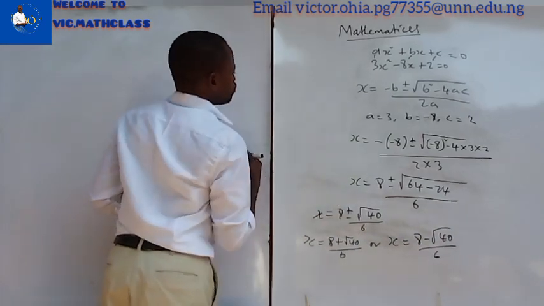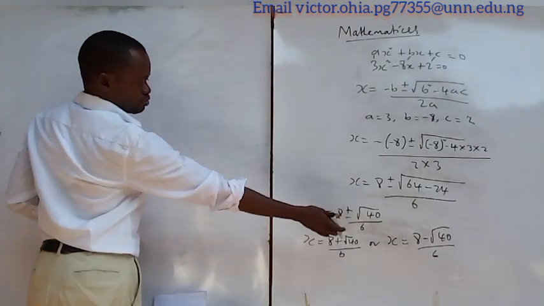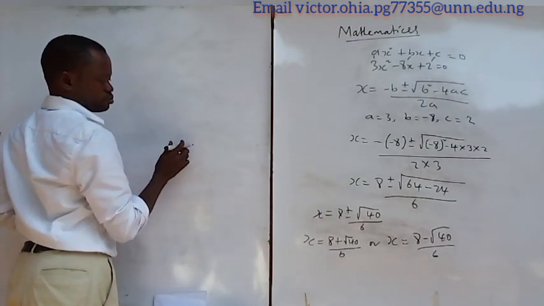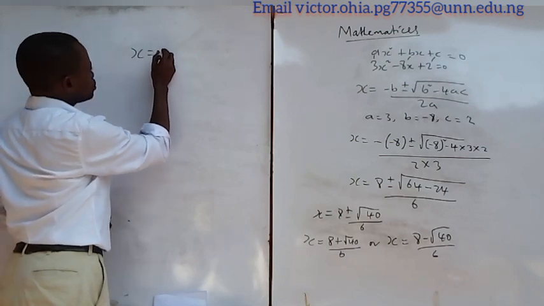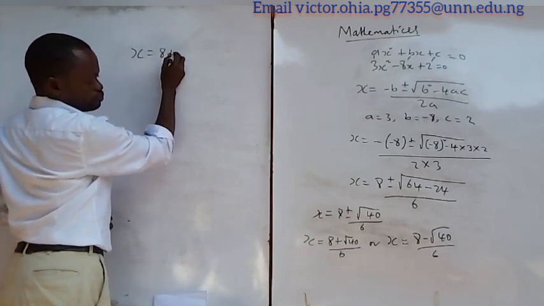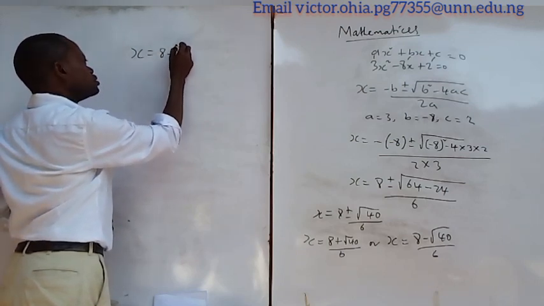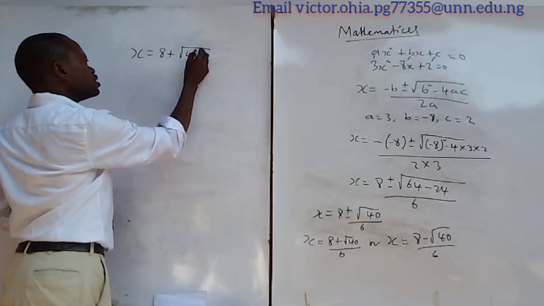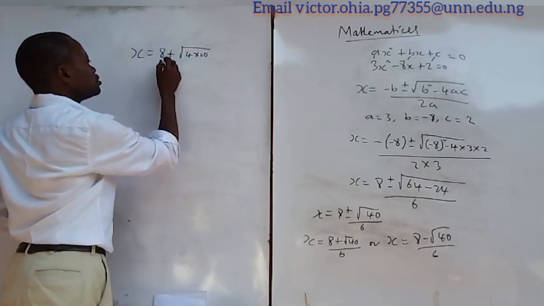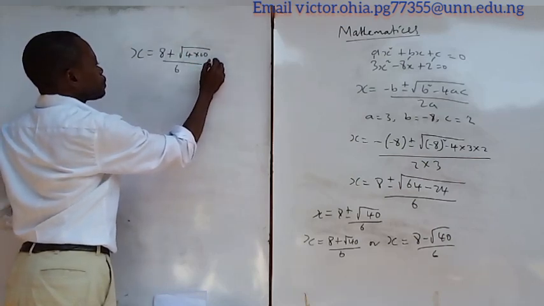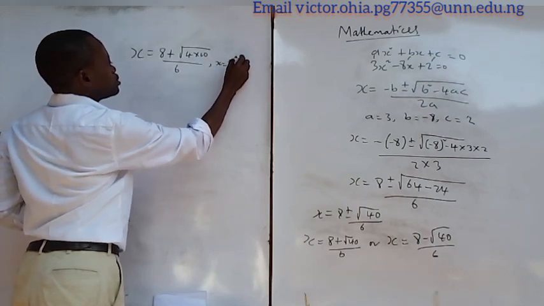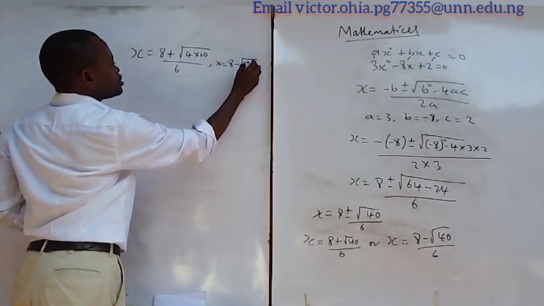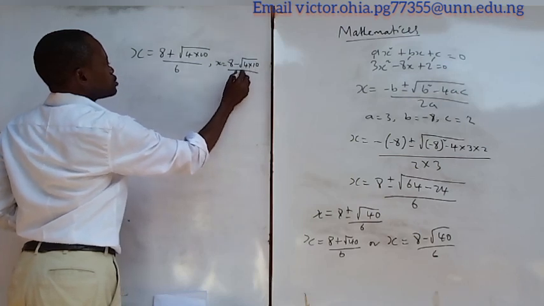If you like, you can go further and simplify this into a short form. Root 40 is root of 4 times 10, so x equals 8 plus root 4 times 10 over 6, or x equals 8 minus root 4 times 10 over 6.